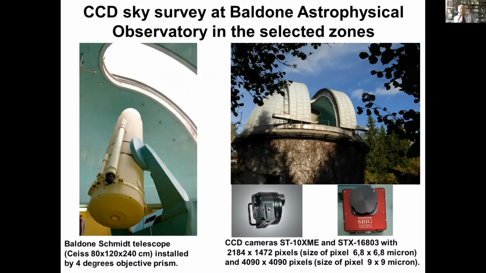It is the 12th largest Schmidt type telescope in the world to this time. The outstanding quality of the mirror and correction plate allows us to reach 22 magnitude faint objects.